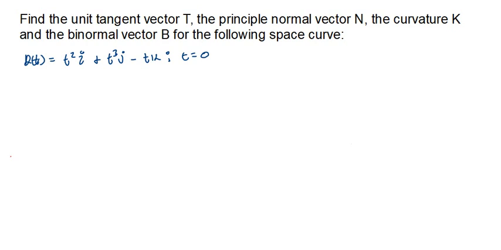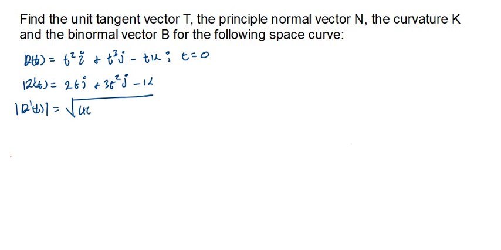First thing first, the first derivative would be 2t in the i plus 3t squared in the j minus k, like that. That's the first derivative. Then the magnitude of that, we write it like this: 4t squared plus 9t to the fourth plus 1.